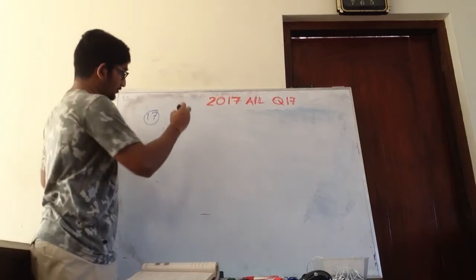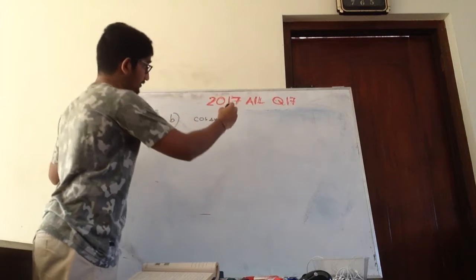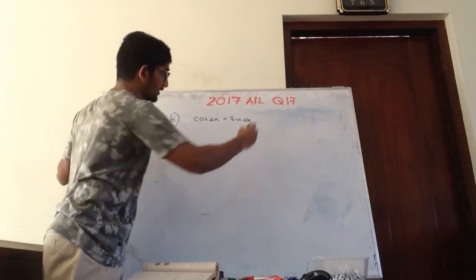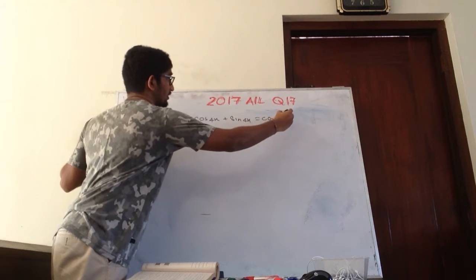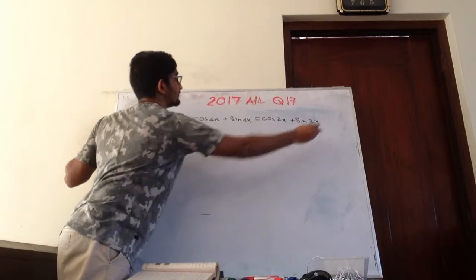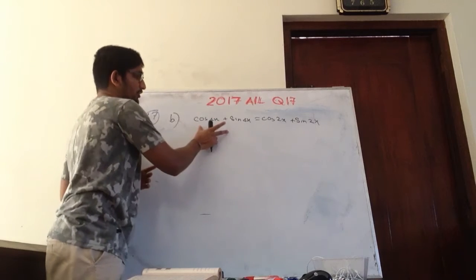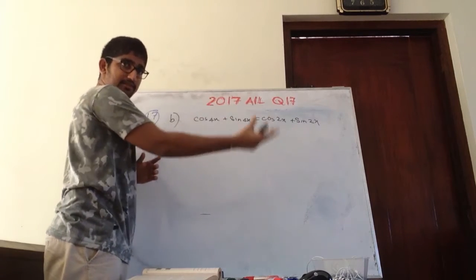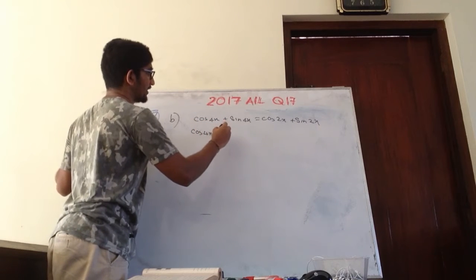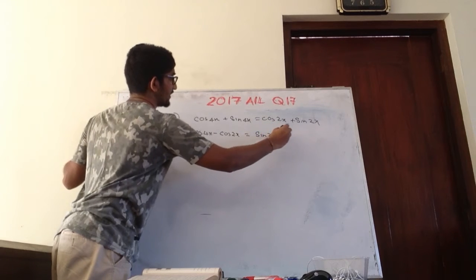So we have to solve cos 4x plus sin 4x equals cos 2x plus sin 2x. Right? So first of all, what I am going to do is cluster the cos parts on one side and the sin parts on the other side. So that's going to be cos 4x minus cos 2x, then sin 2x minus sin 4x.